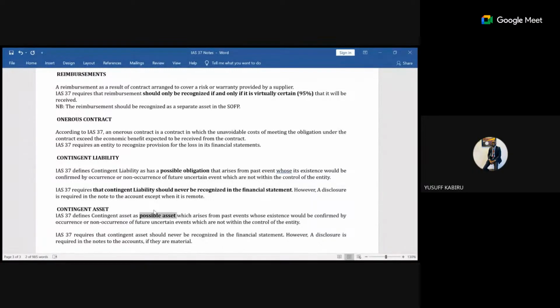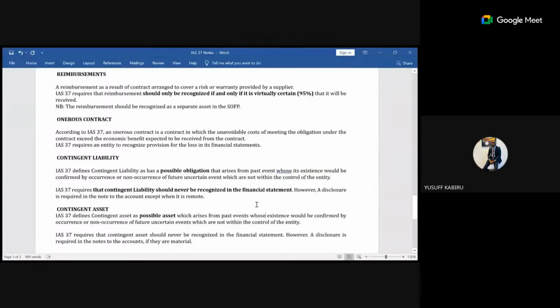So IAS 37 requires contingent assets should never be recognized in the financial statement. However, a disclosure is required in the note if they are material. So a contingent asset and contingent liability are somehow the same. They are possible obligations and possible assets, which will be disclosed if they are material.